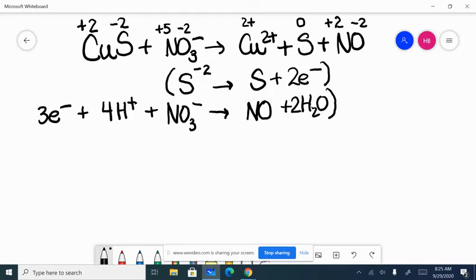So now I need to look for the lowest common denominator because electrons cannot be created nor destroyed. I have to have the same number of electrons lost as I have gained. So the lowest common denominator between 3 and 2 is 6. I'm going to rewrite these down here now.